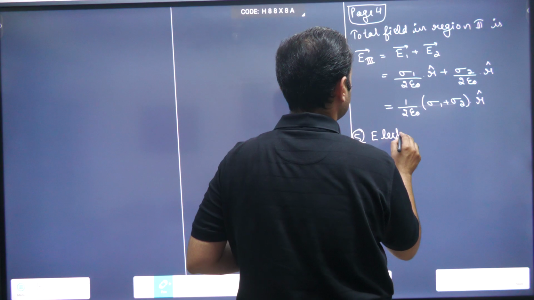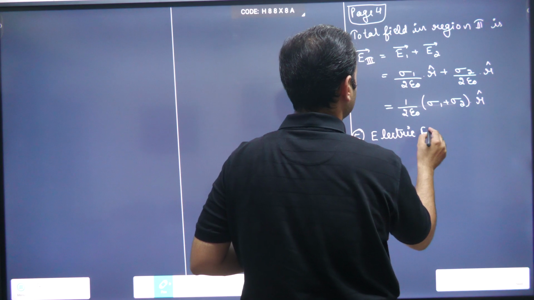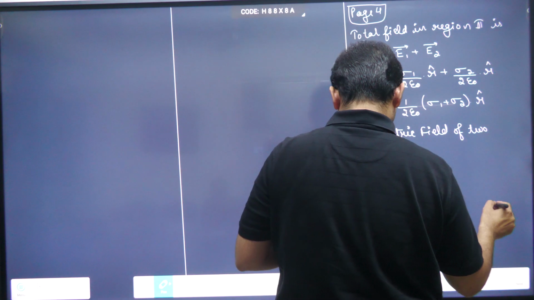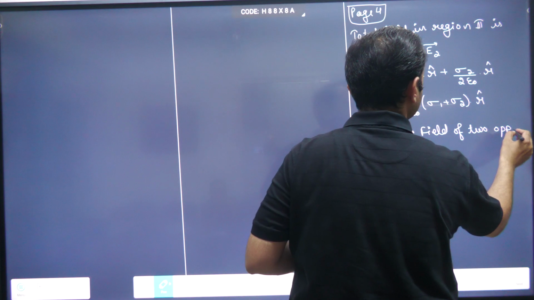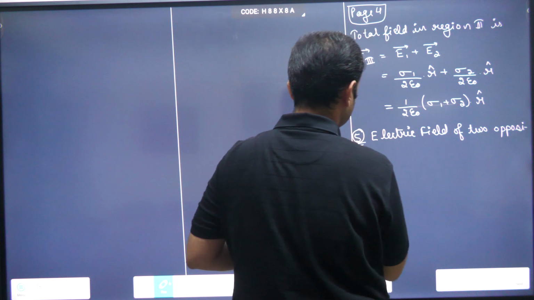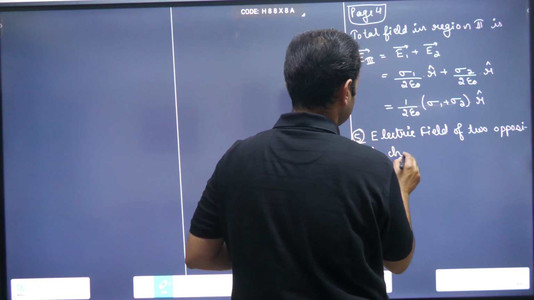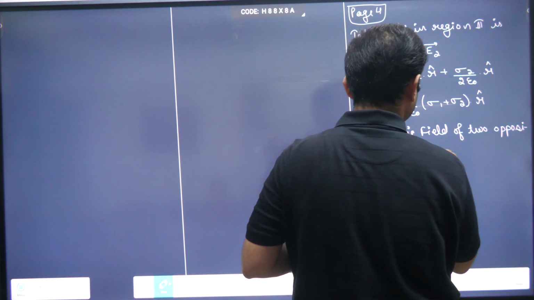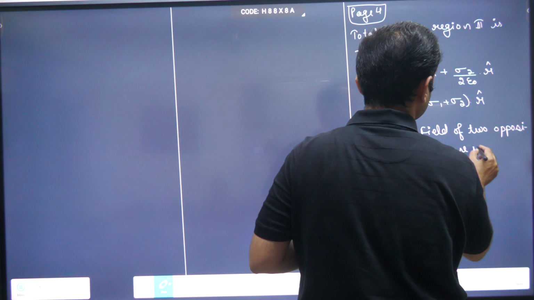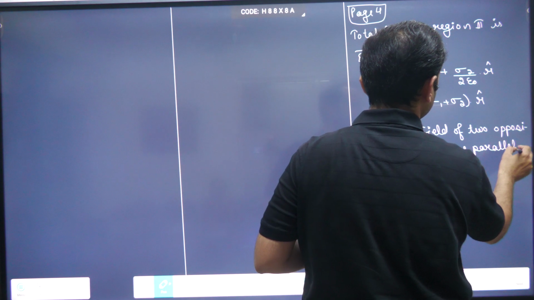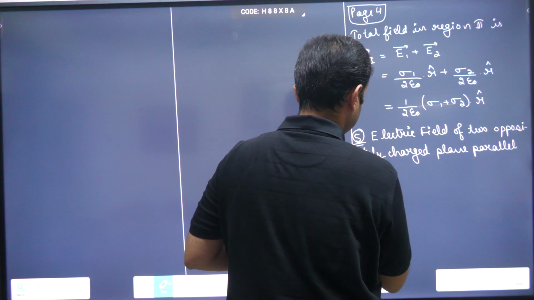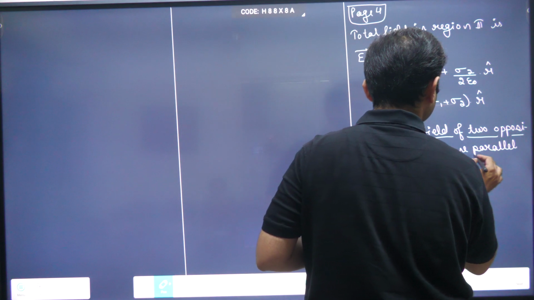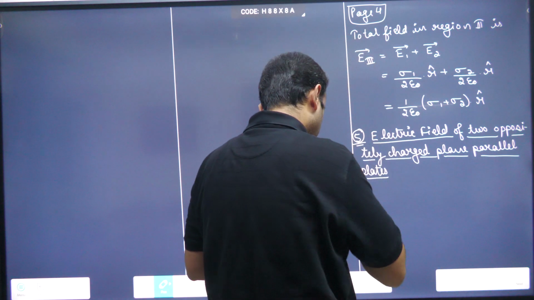Electric field of two oppositely charged plane parallel plates.